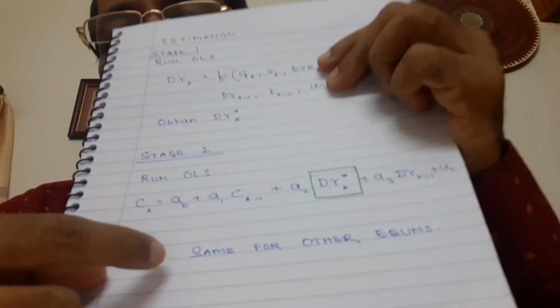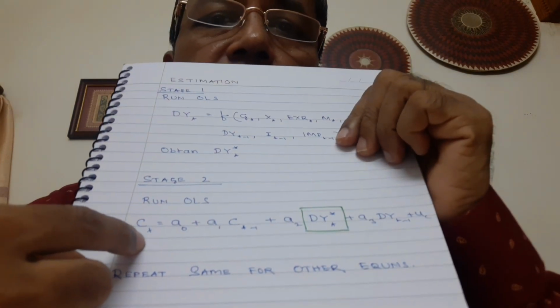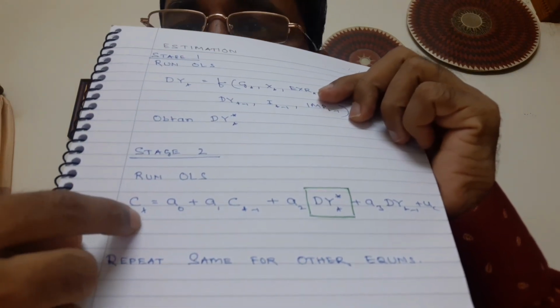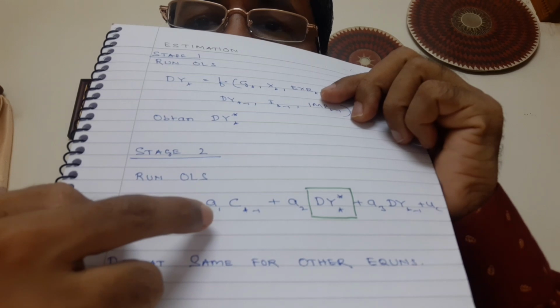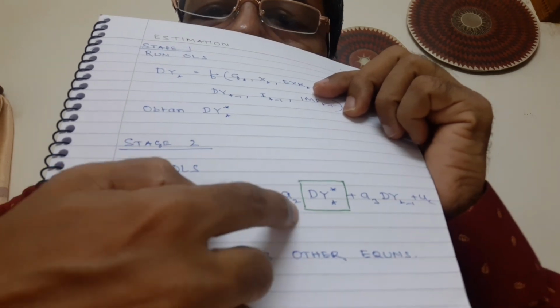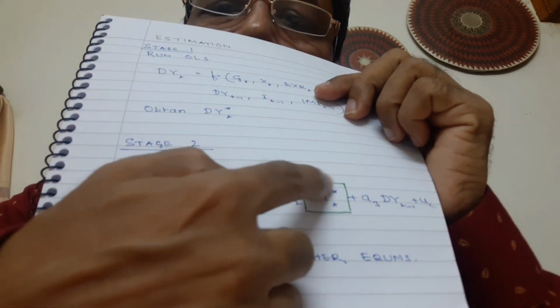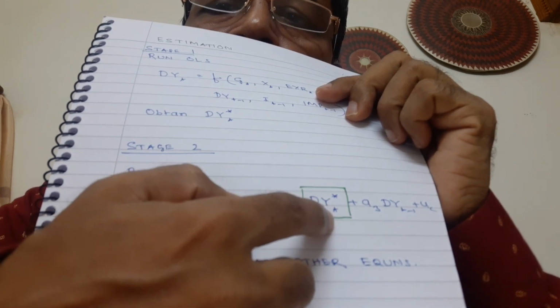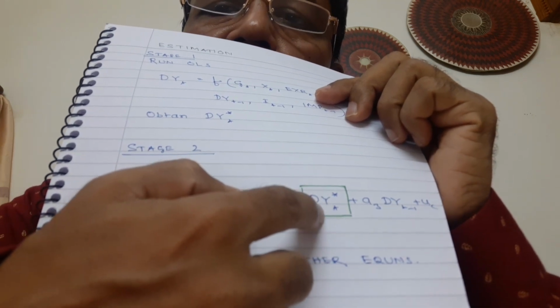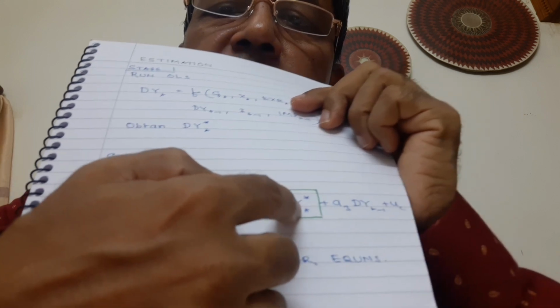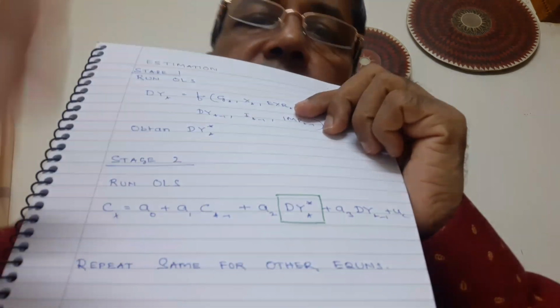So in the second stage, I'll run that original behavioral equation for the consumption function: Ct is equal to a0 plus a1 ct minus 1 plus a2 dyt star. Earlier we had dyt in our original model, we are replacing dyt with dyt star, so this is the instrument we are using, and the rest of the things remain the same.